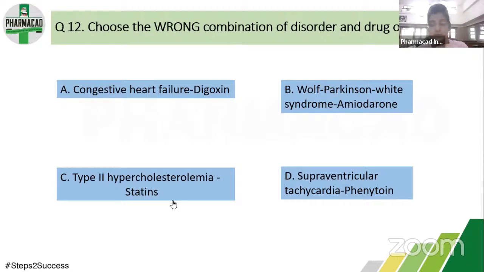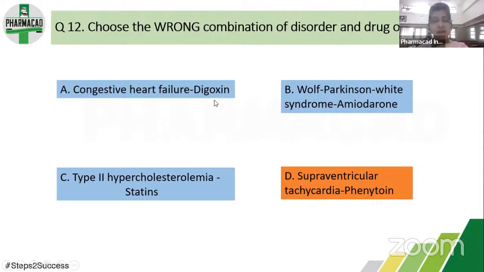And option D says supraventricular tachycardia, and the drug of choice is phenytoin. If you know your drugs and the classification well, the answer here is phenytoin. That is option D, supraventricular tachycardia, and the drug is phenytoin.